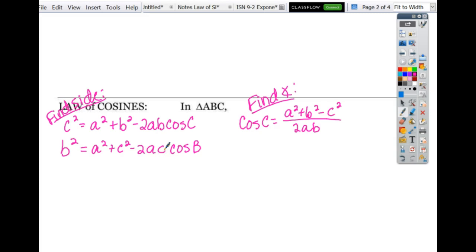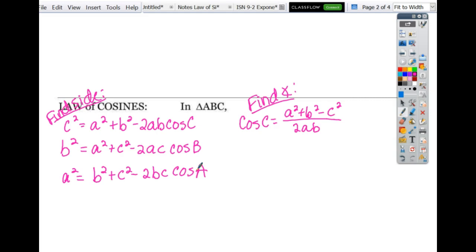When I'm finding c squared, I use the a and the b everywhere else. So what do you think the formula would be for a squared? It's not like you're really memorizing three formulas, because you're not. You're just switching the numbers, right?